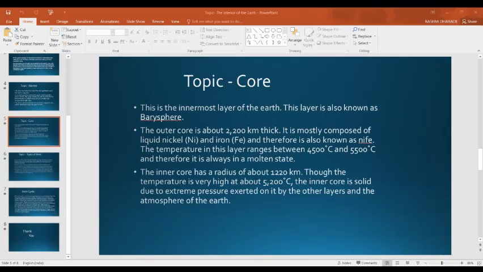The inner core has a radius of 1220 km, though the temperature is very high at about 5200 degrees Celsius. The inner core is solid due to extreme pressure exerted on it by the other layers and the atmosphere of the earth.